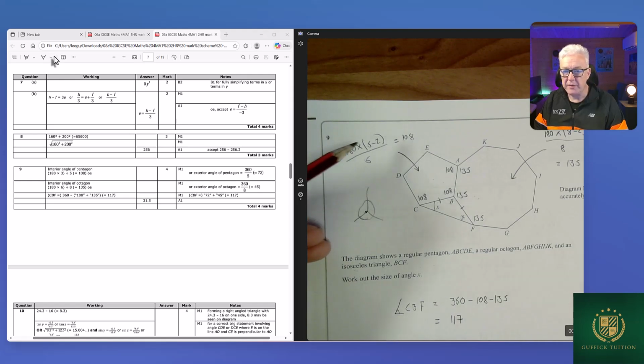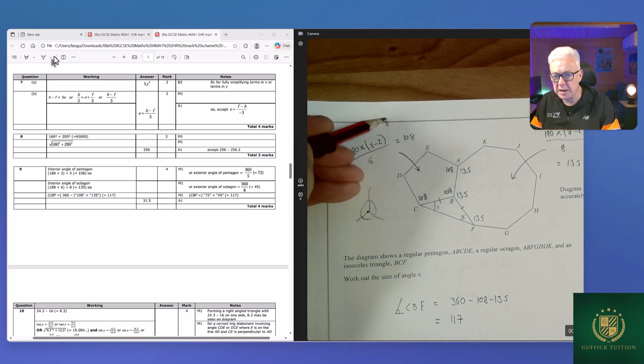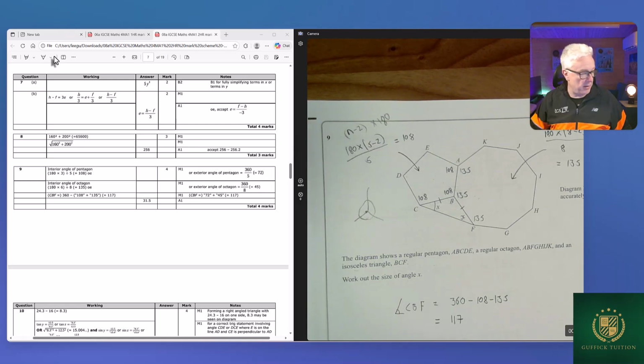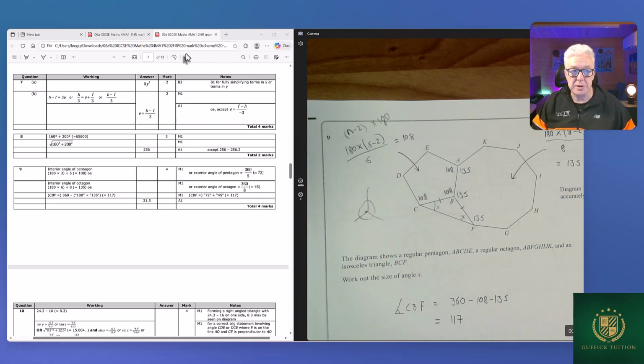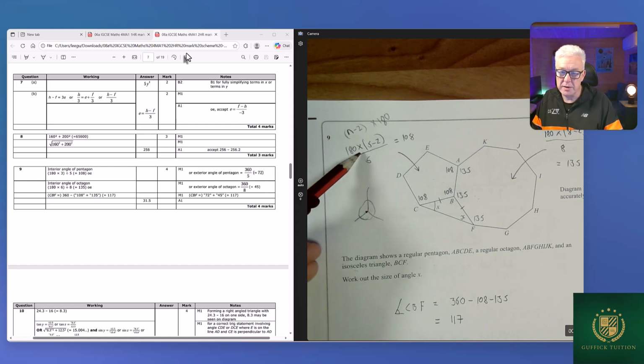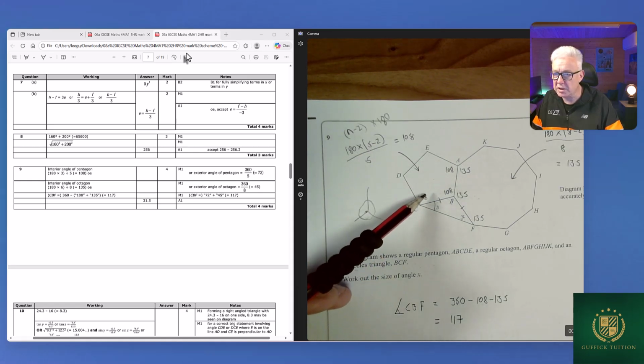Now, you may remember, the formula for the angle sum of a regular polygon is n minus 2 times by 180, which we then need to divide by the number of sides. So in this case, we're going to do 5 minus 2 times 180 divided by 5. And that gives us an interior angle of 108 degrees.